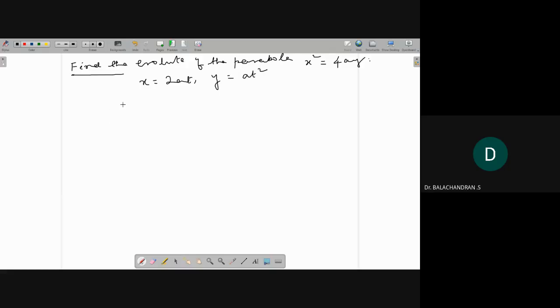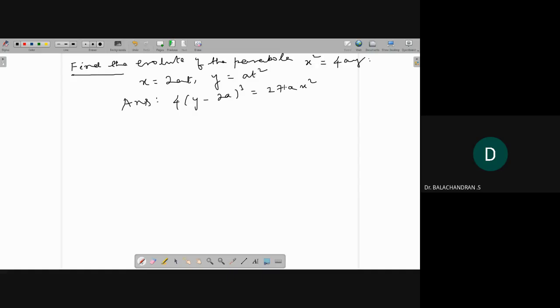So in the final answer you also need to change x and y, so please check it. So 4 into (y minus 2a) whole cube equal to 27a x square. So this is the final answer. Okay.